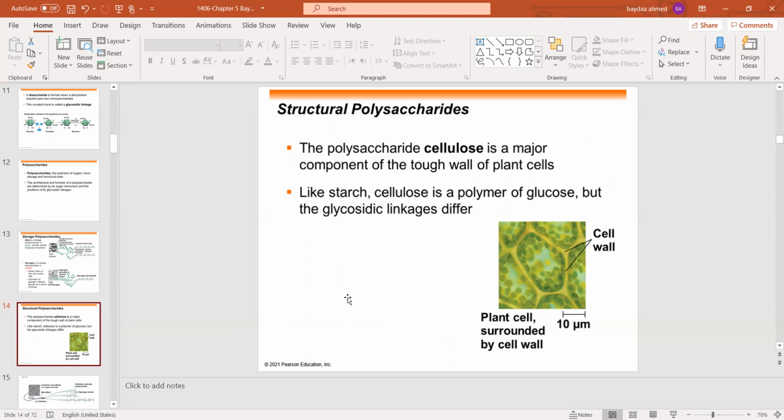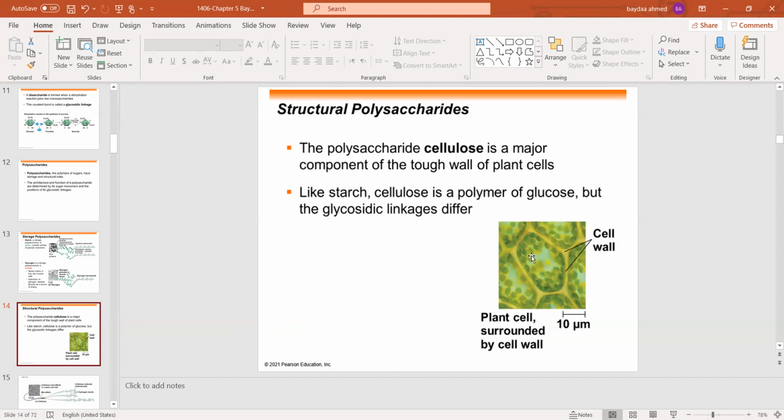Organisms build strong materials from structural polysaccharides. For example, the polysaccharide called cellulose. Cellulose is a major component of the tough walls that enclose plant cells, protecting the plant cells.